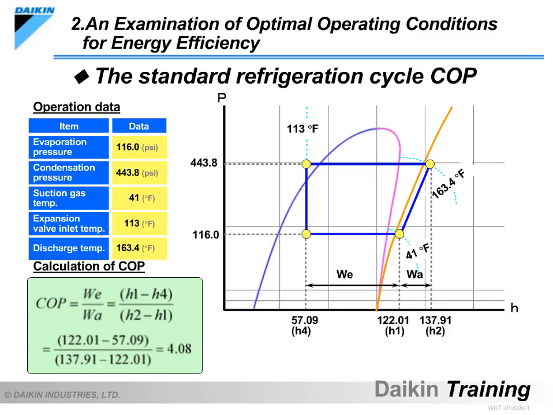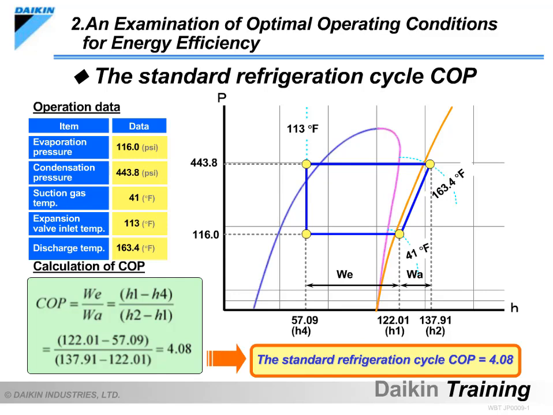The refrigerating effect and compression work are differences in specific enthalpy, respectively H1 minus H4 and H2 minus H1. Therefore, the COP for the standard cycle is calculated as 4.08.